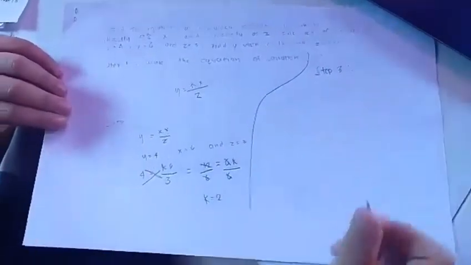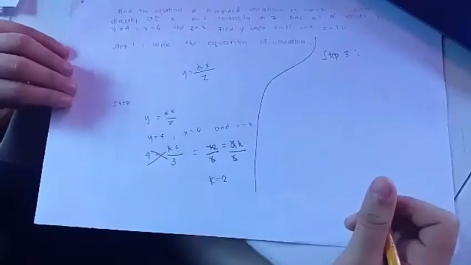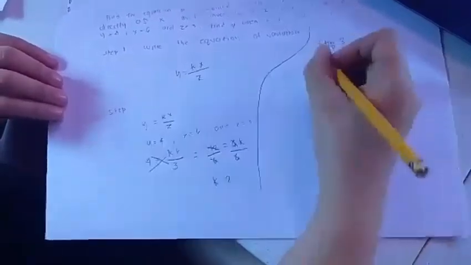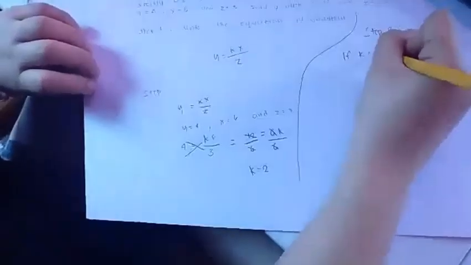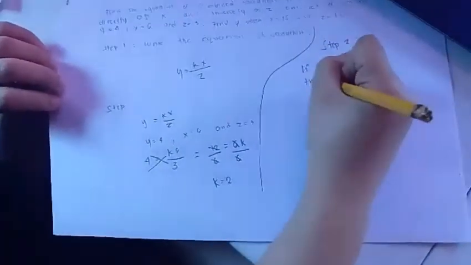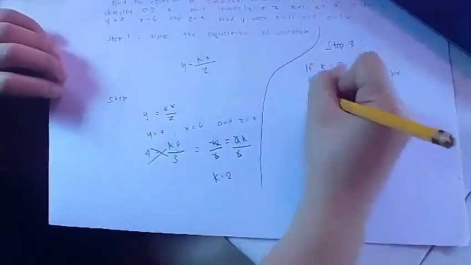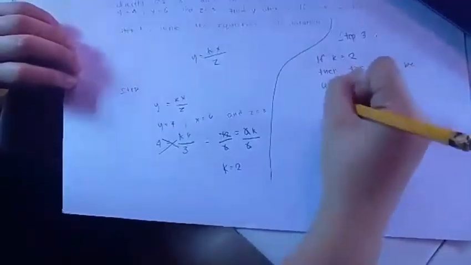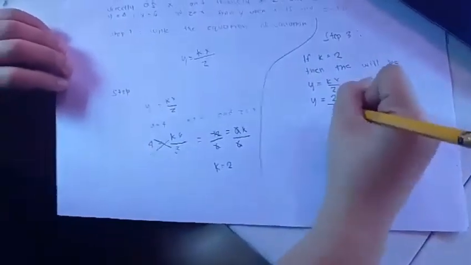So what is step 3? In step 3, you will replace k in the equation in step 1 by the value obtained in step 2. So if k is equal to 2, then the equation will be y is equal to kx over z, so y is equal to 2x over z.